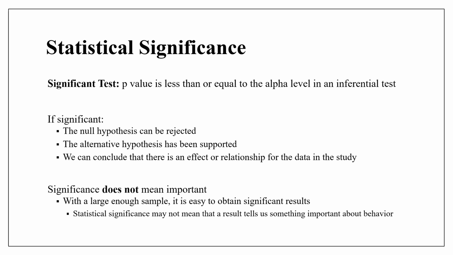But even then, when we have a statistical significance test, it doesn't mean that it is important. If we have a large enough sample, we'll find significant findings for many things. But it's not necessarily going to indicate something that we're interested in.